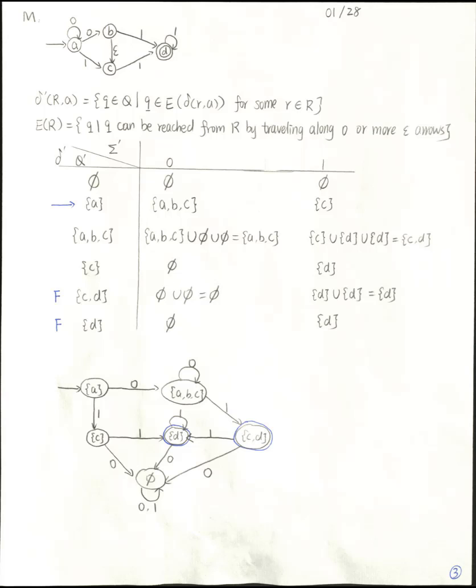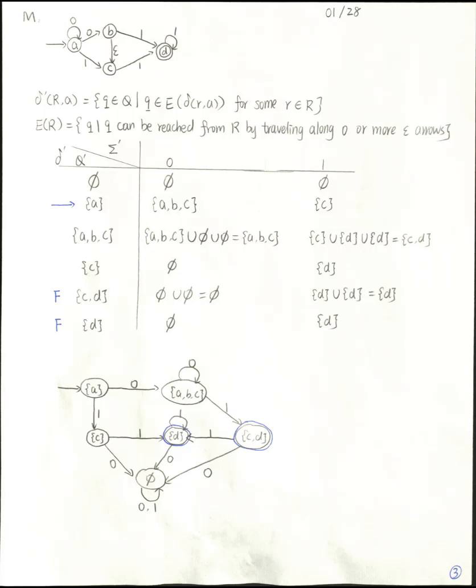Now let's run this algorithm on this machine. I start from the start state, which is A. Because there are no epsilon transitions out of A, the start state will only contain A. From A, if I read a single symbol 0, I can reach A and B. That's the result states.